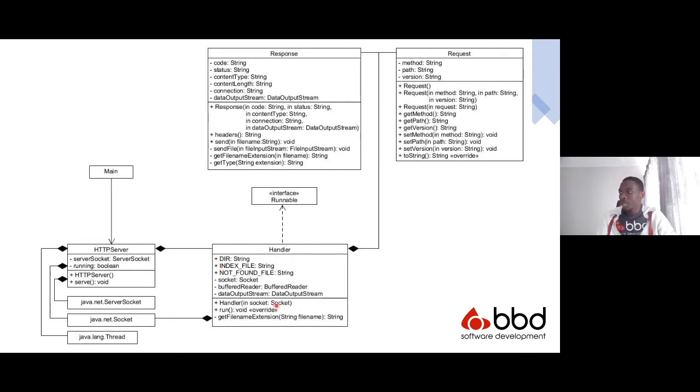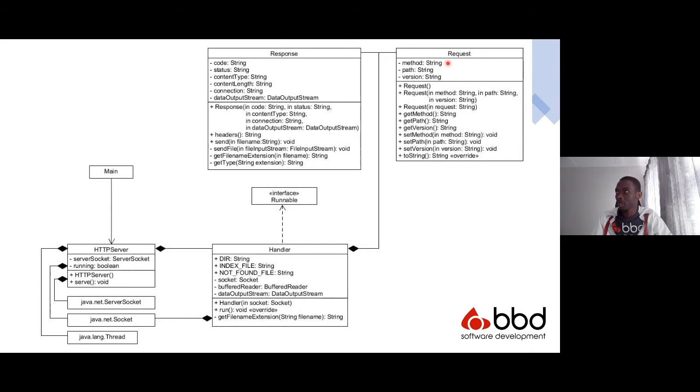As the handler is instantiated for each client, the handler will execute this run method in a loop, meaning that it will continue running as long as that client is connected to the server and it's on a thread. The web browser will send a request to the server.